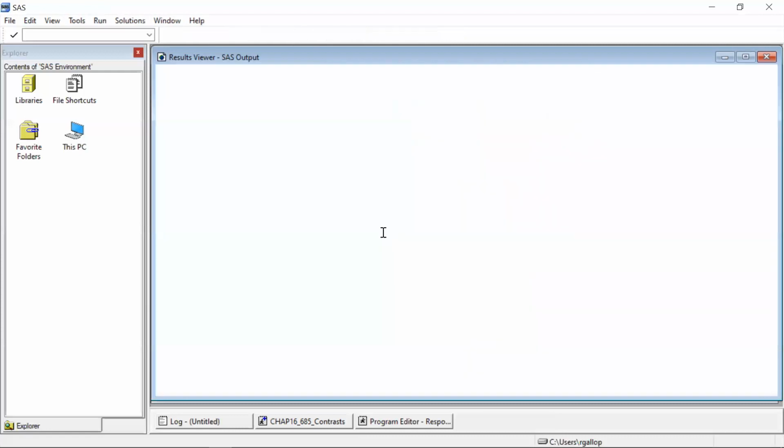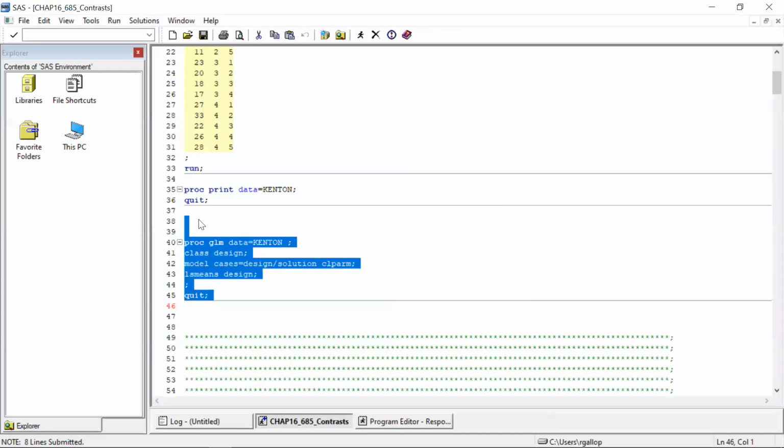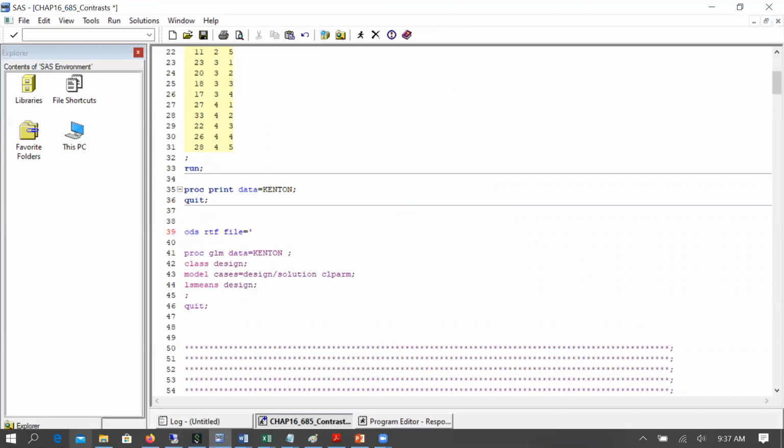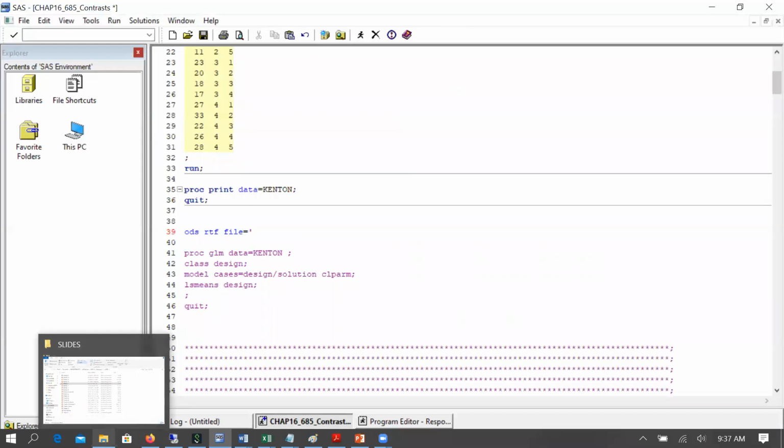So now, let me do one thing really quick. I'm going to use the RTF file option and throw this into the mix.